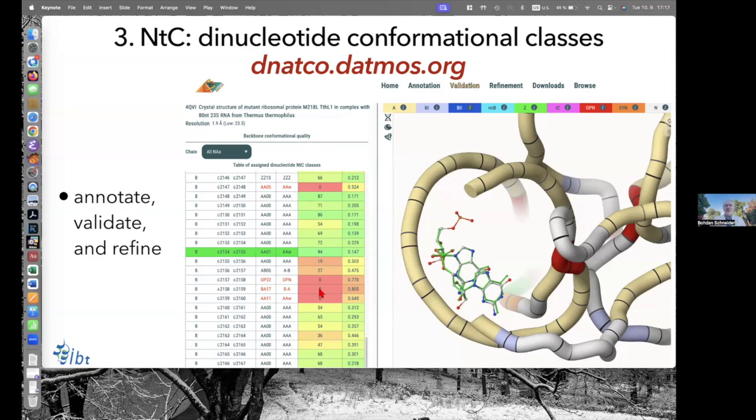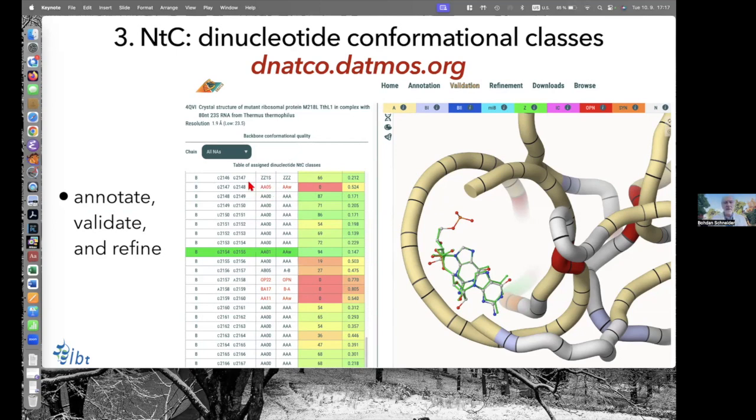Then in these color columns, the first column shows how well the dinucleotide that is named here conforms to our classification. And if there is 0, it does not conform, it's not classified, but we still see the dinucleotide, or NTC class, that is closest.